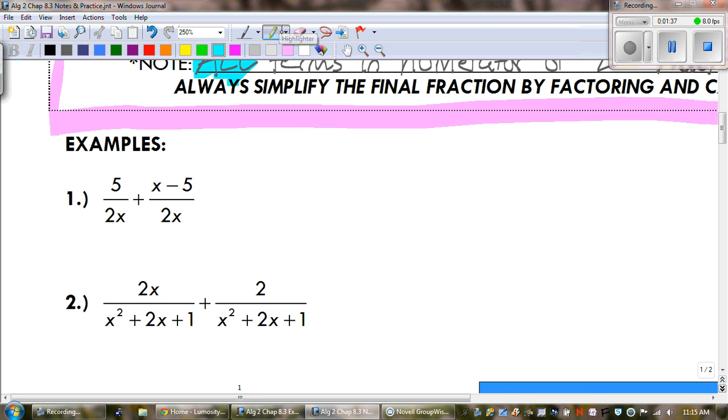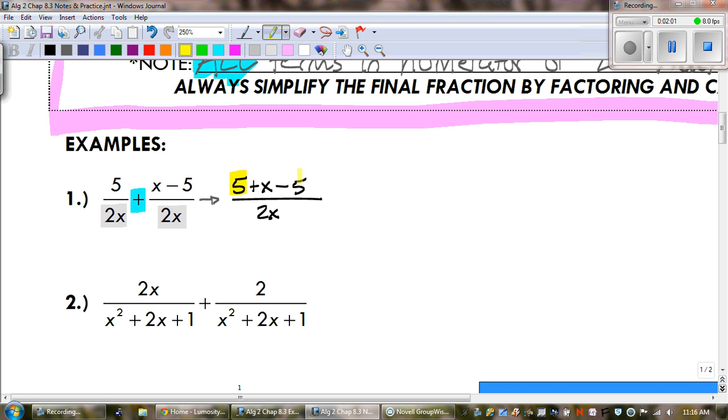A couple things I always want to check. One, are the denominators the same? Good. What operation? Addition. So if it's addition, the denominator stays the same, and then we just add everything.